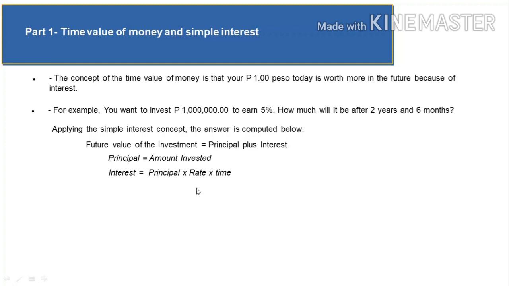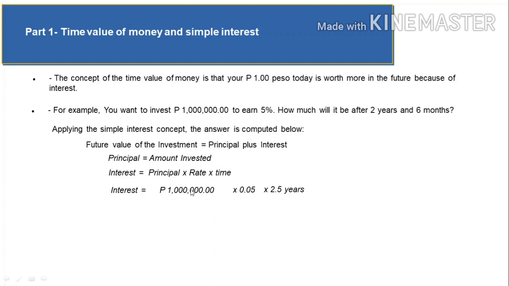So let's compute first the interest. The interest is 1 million, which is the principal, times the rate of 5% times time. This time can also be expressed in fraction, where the numerator can be the number of months over 12 months or the number of days over 360 or 365 days.